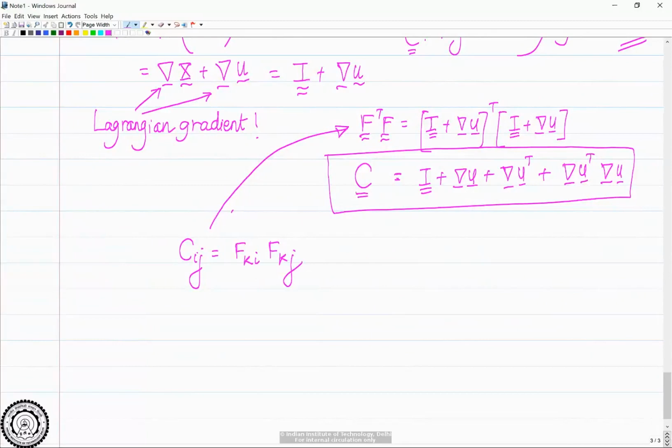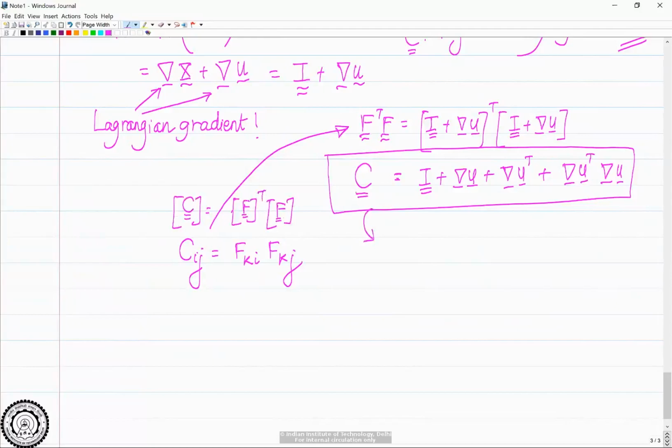Because you see C is F transpose F, so it's a simple multiplication. So basically C is equal to the matrix F transpose multiplied with the matrix F itself. So Cij is Fki into Fkj, the components.